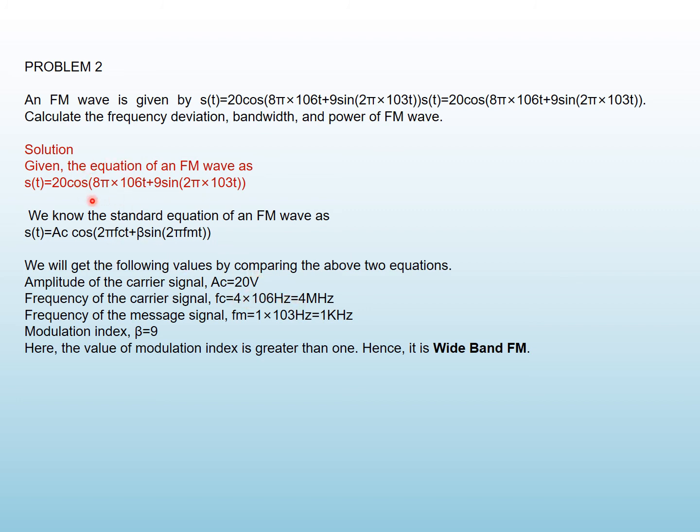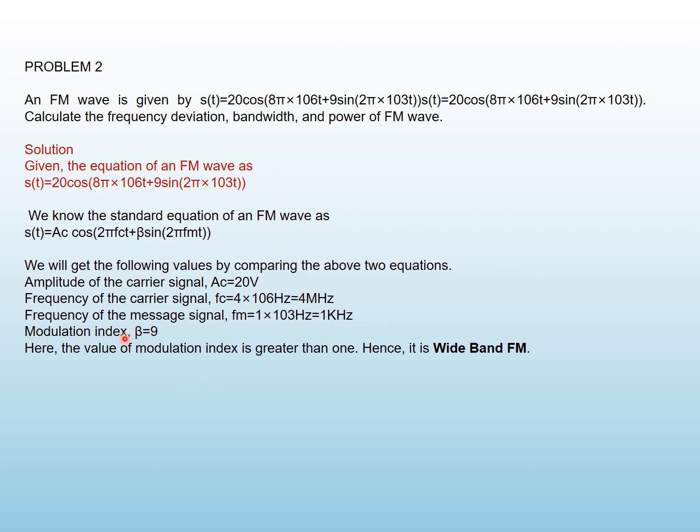So this 8 pi 10^6 is nothing but your 2 pi fc value, so it is 4 into 10^6 hertz, that is 4 megahertz. Similarly, coming to the message signal, it is 2 pi fm into t. Already 2 pi is there, just ignore it. Just 10^3 hertz, 1 into 10^3 hertz, that is 1 kilohertz.